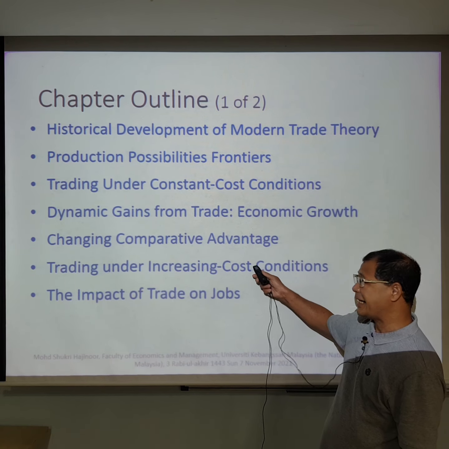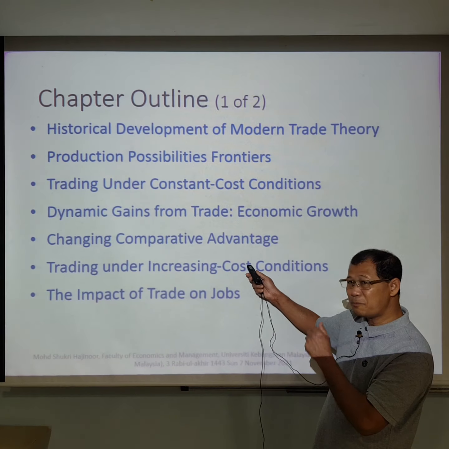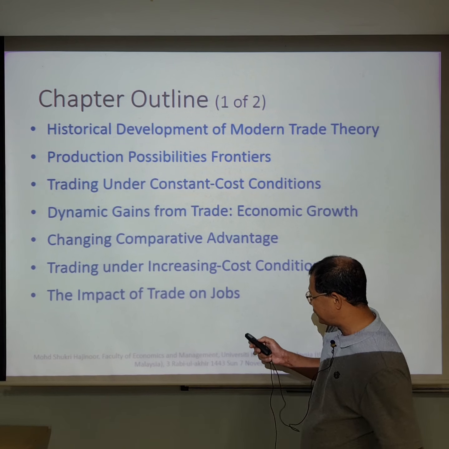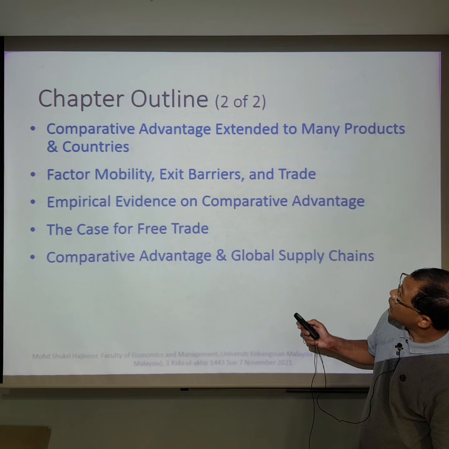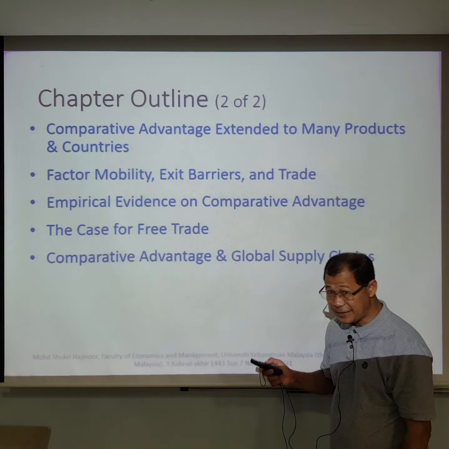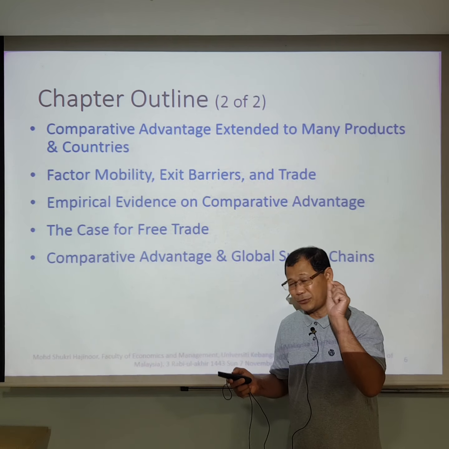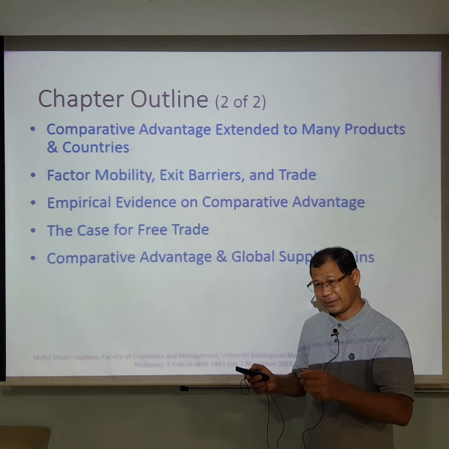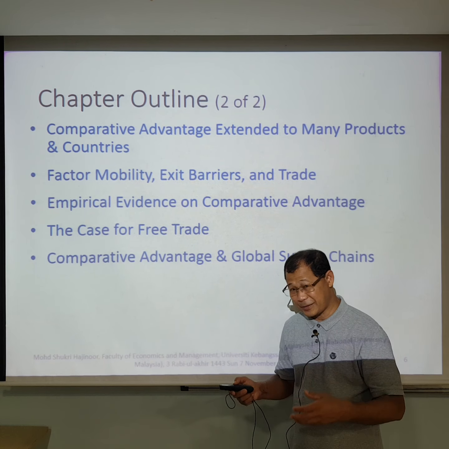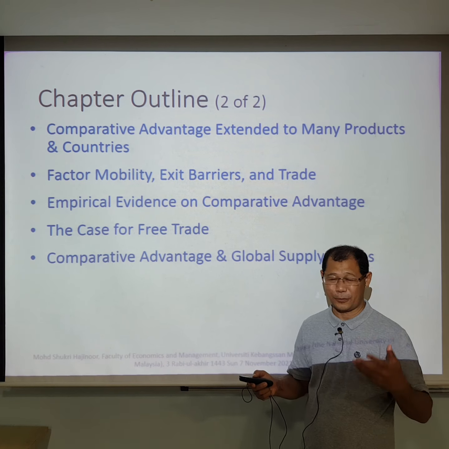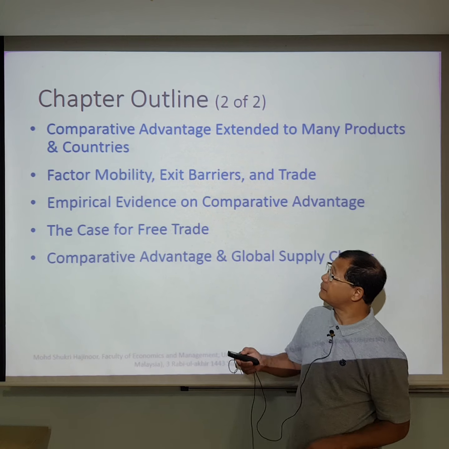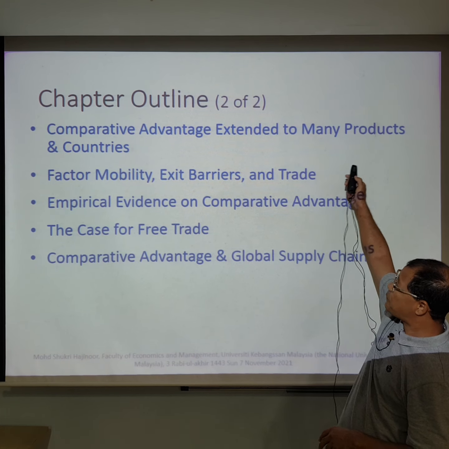And then the second part of this chapter, 2x2, and then we're going to discuss the impact on jobs and comparative advantage extended to many products and countries, because our model is only 2 countries, 2 products. How real is it? We know that in the world, there are not only 2 countries but hundreds of countries, and not only 2 products, X and Y, but thousands of products. So, extended to many products and countries.